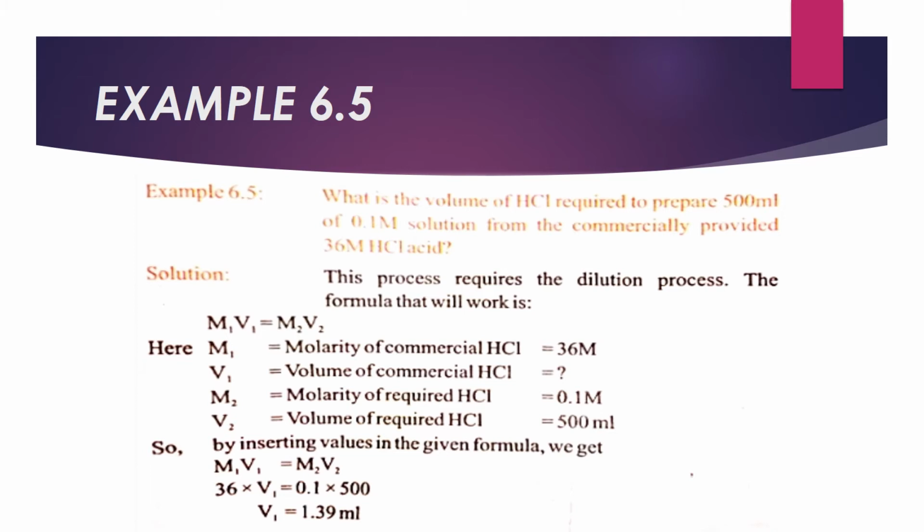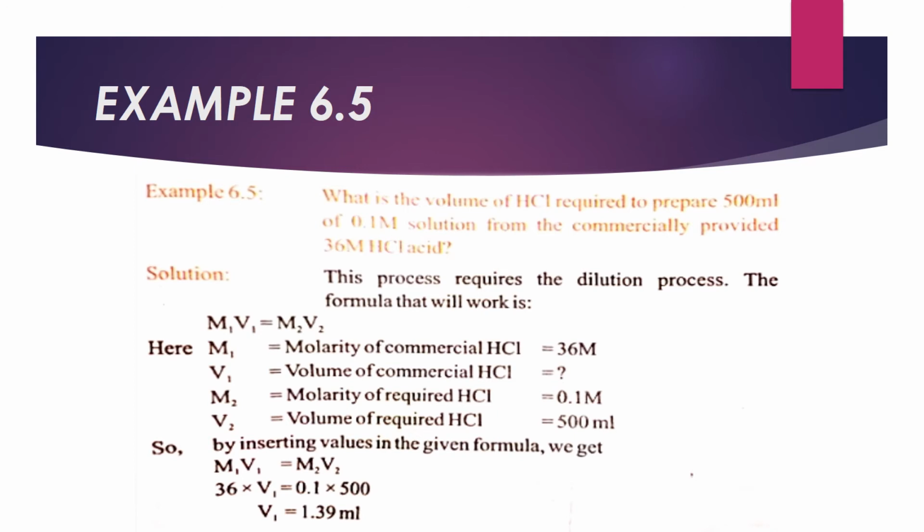So here we want the volume of HCl which is required. They want to prepare a solution of 500 mL and a given molarity, and commercially they have provided us 36 molar HCl acid.